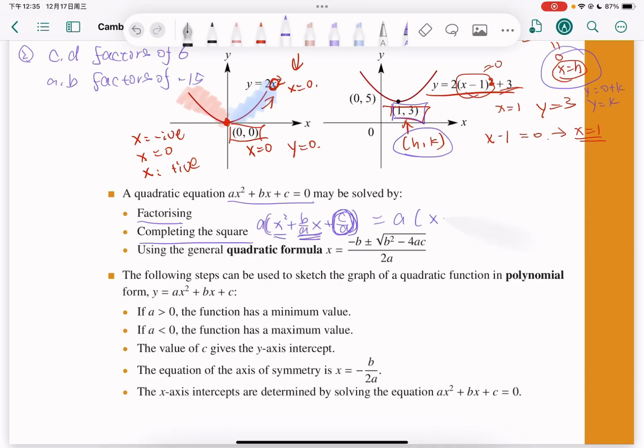So let's introduce a new term, and you can have some constant left, for example, e. You want to make this thing into a square.